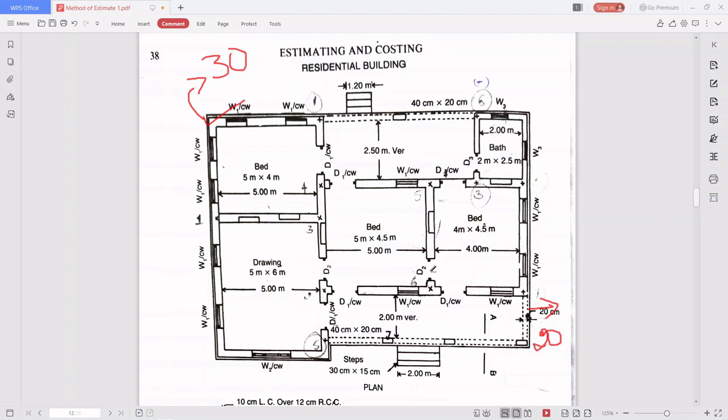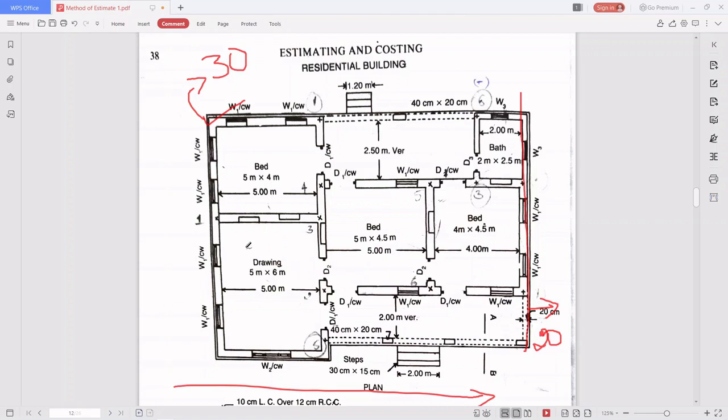Which method are we following? The long wall and short wall method. If I take the long wall like this, I will get both the 30 centimeter and 20 centimeter widths of the wall, and it will be very cumbersome and difficult. Or if I take this as the long wall, there is also an intersection with the 20 centimeter wall.